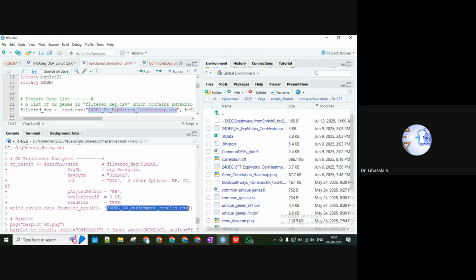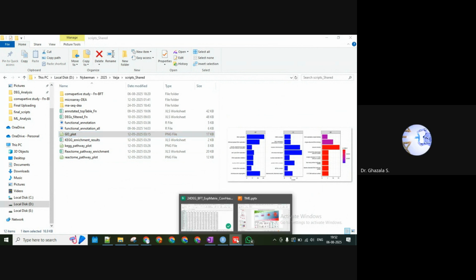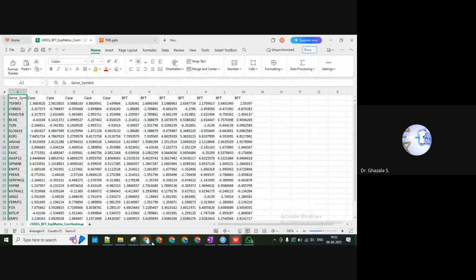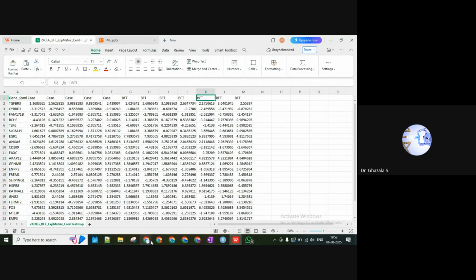I will upload this file as well, so that you can use it, execute the code and get the same figures that we have generated for all the ontologies we have already performed. So this type of figure you need, right? Yes. So we can generate that using the file and the code that I have already uploaded in the drive today.